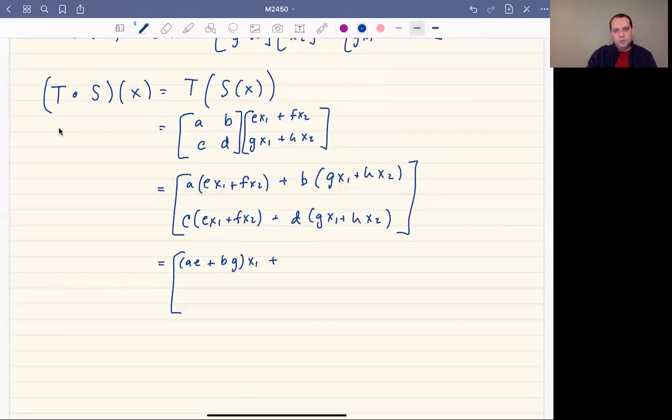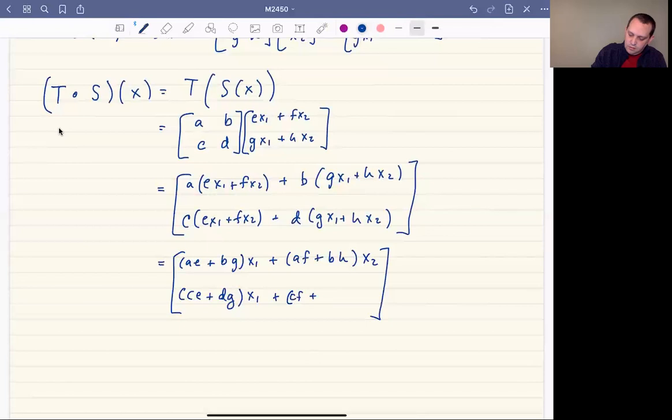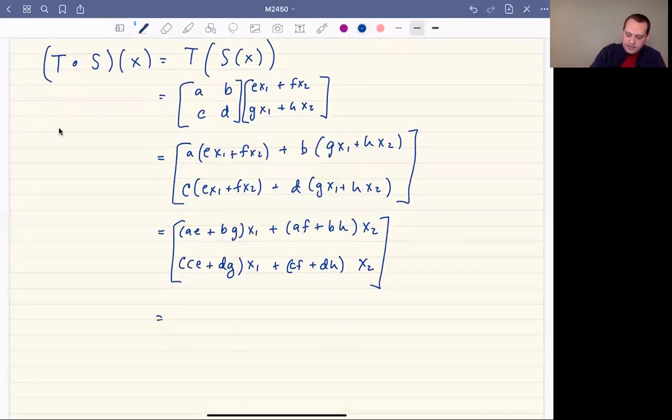And then the x2 terms, if we distribute and then collect them, will be AF plus BH x2. And then likewise for the bottom, our x1 term will be CE plus DG x1 and CF plus DH x2. So that's our matrix. And you can think about this as being a matrix times the column vector x1, x2.